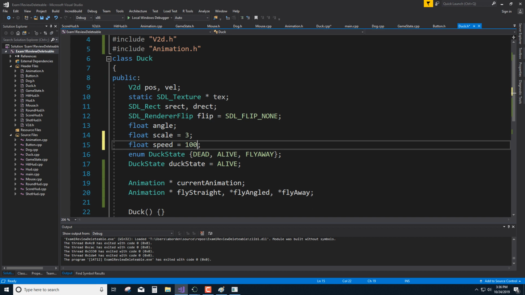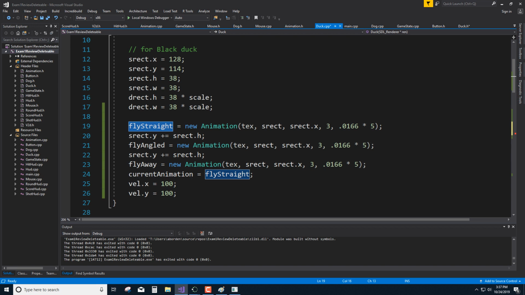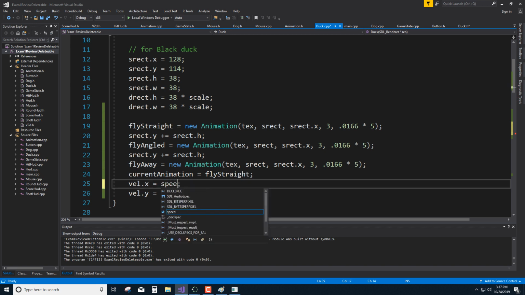Do you have a speed in the x and a speed in the y? That's what the velocity vector is for. Velocity has a direction, so that will have x and y. Speed is just a scalar. It's just a number. So these will just be speed.